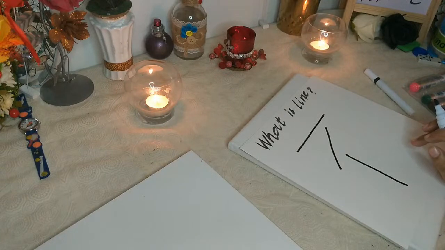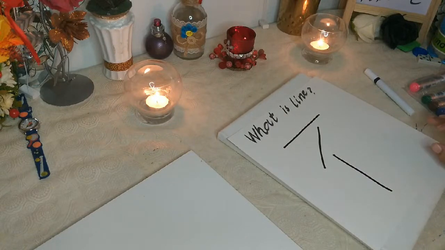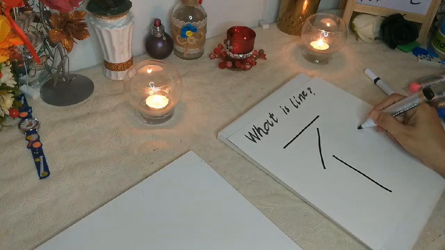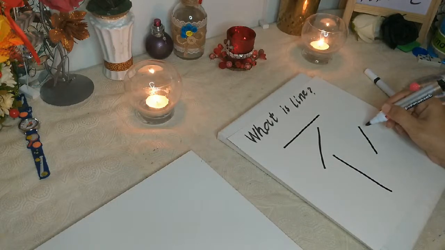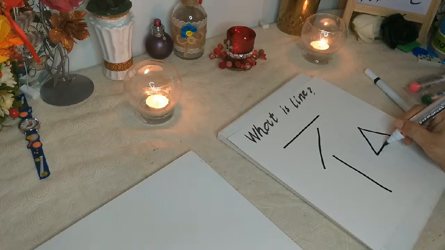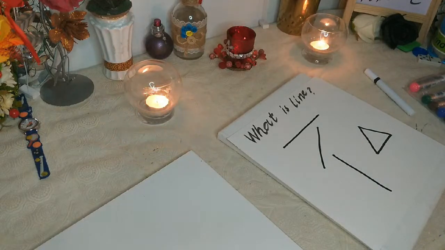Line is the most crucial element, as everything begins with a line and with a simple dot. And that dot, that line creates some shape. Suppose I make these 3 lines in a space.